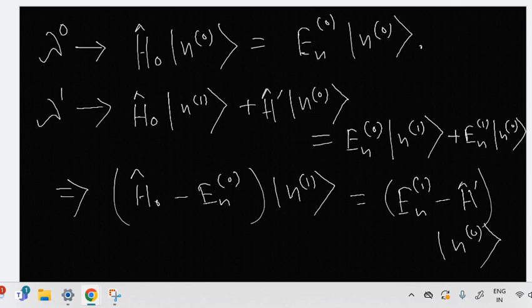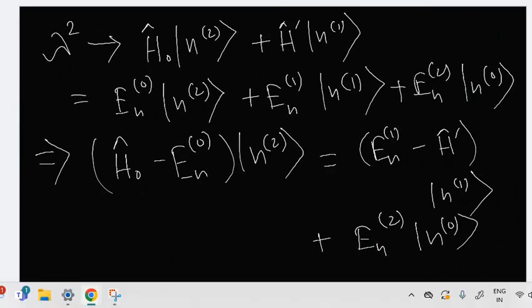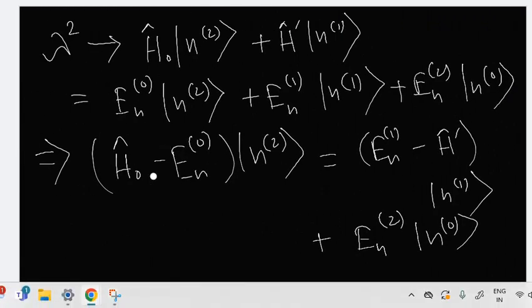So if you take the coefficient of lambda to the power k, then you can definitely say that the term should be H naught of nk, then H prime of n k minus 1.